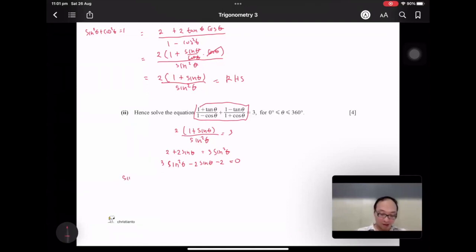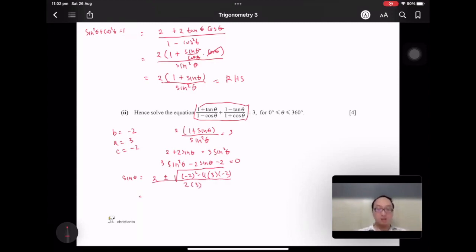So sine theta equals minus b. B is negative 2, a is 3, and c is negative 2. So minus b, so it's 2 plus or minus square root of b squared minus 4ac over 2a.